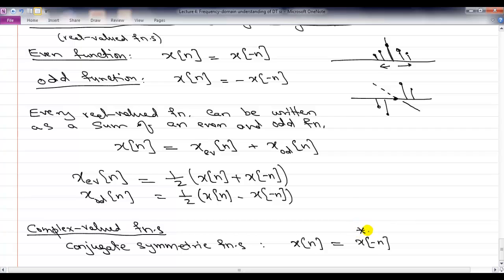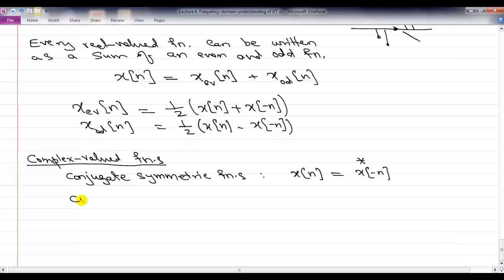You all remember that conjugation does not impact the amplitude. What does conjugation do? It just changes the phase. So what it says is that the amplitude of a conjugate symmetric function is even, and whatever is on the positive valued axis, its conjugation is on the negative valued axis.